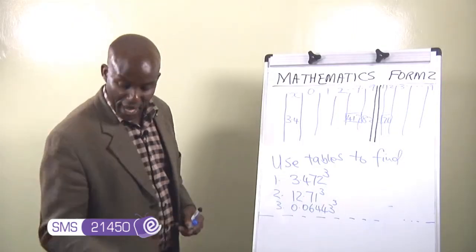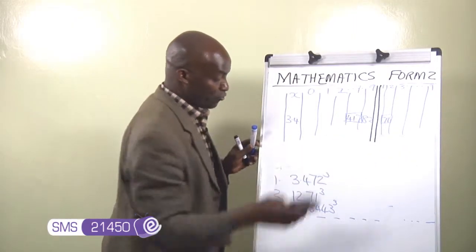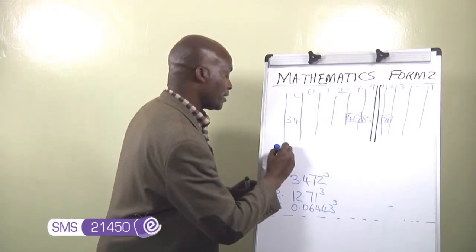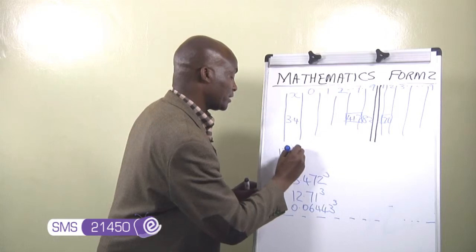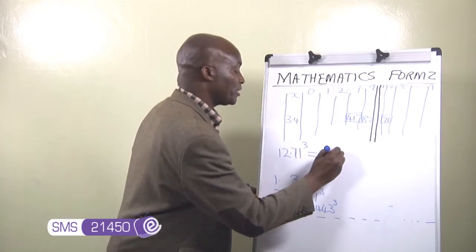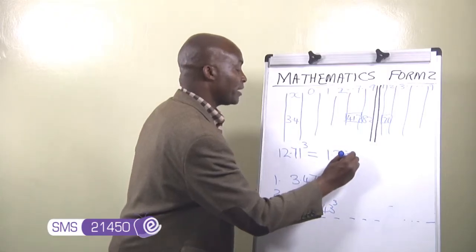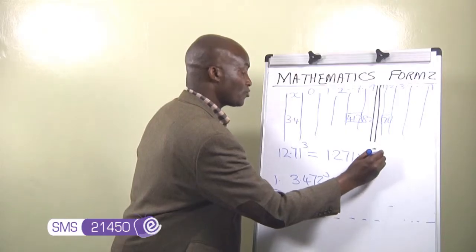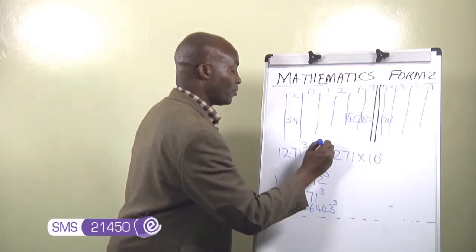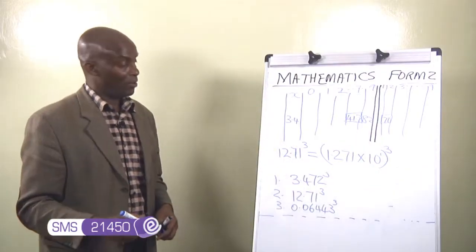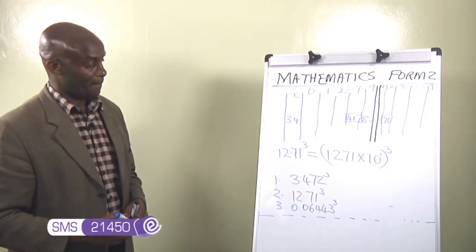So this number, 12.71, in standard form can be written as 1.271 multiplied by 10 to the power 1. So we are going to find the cube of all that.